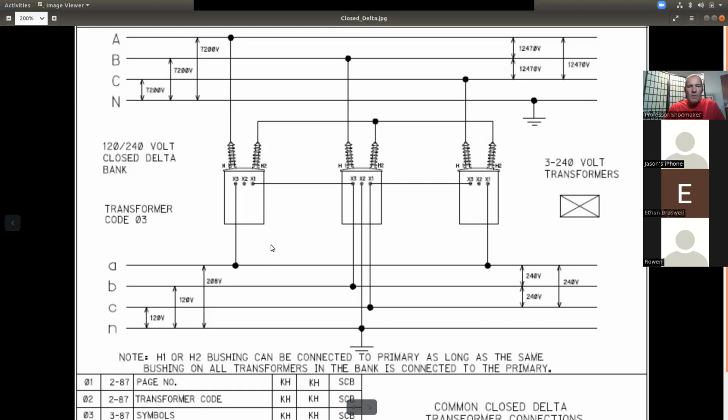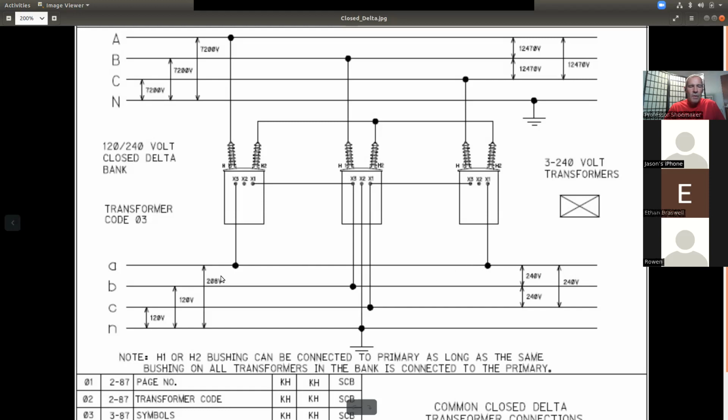Now we moved some things around in here compared to the open delta. Before, C was my power leg on open delta. That's where I had the 208 reading. Where is it at now? A to neutral. A to neutral is now my power leg because that's where I have it connected here and here.